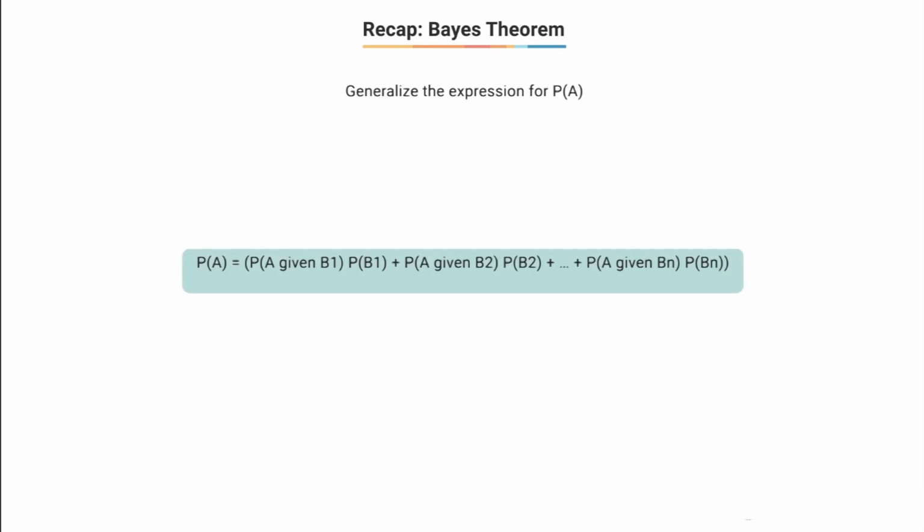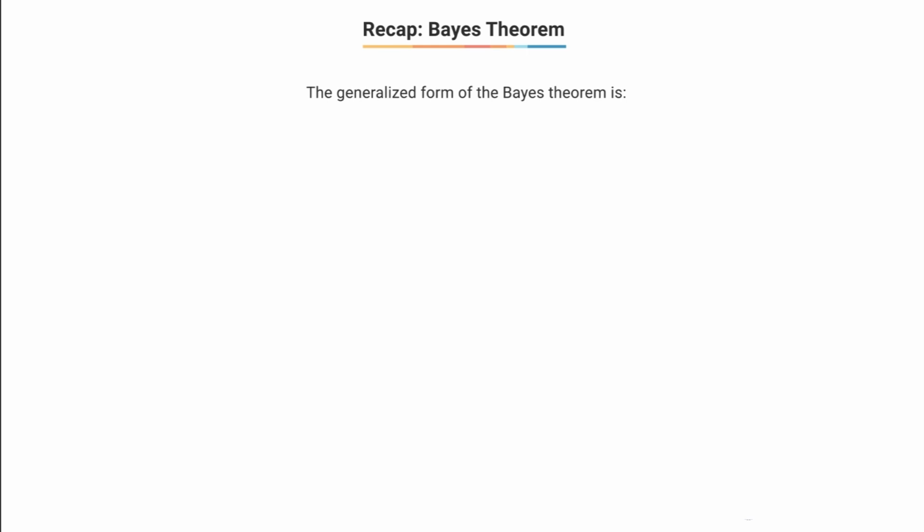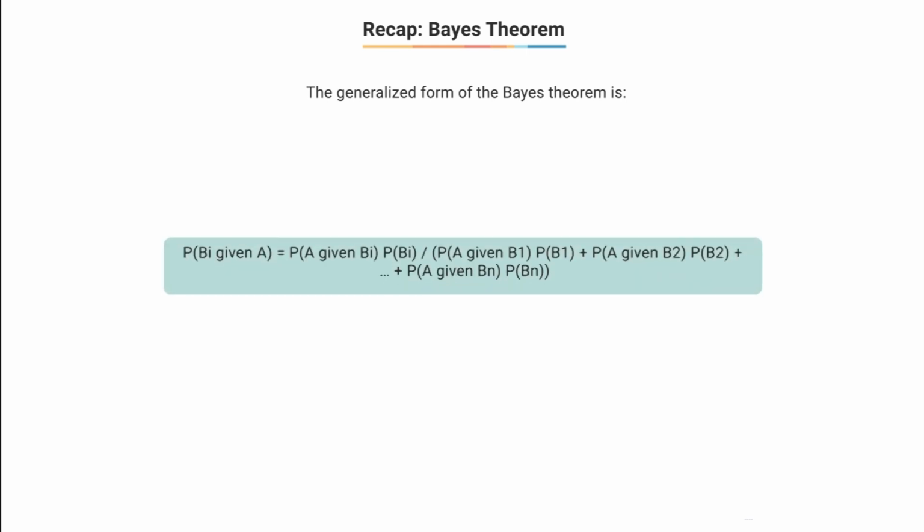Then you can generalize the probability of A as follows. The generalized form of Bayes theorem comes out to be probability of Bi given A equal to probability of A given Bi into probability of Bi divided by the summation of probability of A given B1 into probability of B1 plus probability of A given B2 into probability of B2 and so on up to probability of A given Bn into probability of Bn.